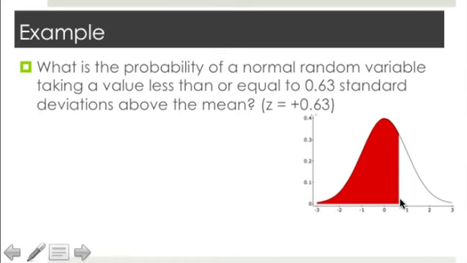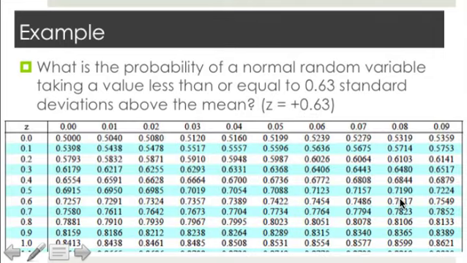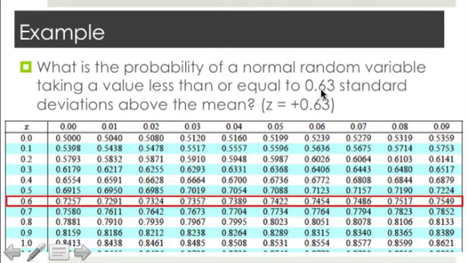So if I look at the relevant portion of the table, we see a bunch of numbers. We see z-values over here that are in tenths, and then we see hundredths values over here in the columns. So if we want a probability that corresponds to a z-score of 0.63, the first thing we want to do is look at the row that corresponds to 0.6, and that's this row right here.